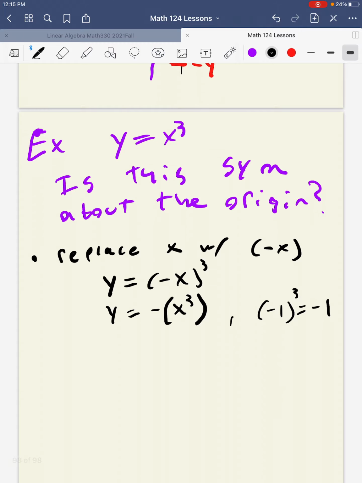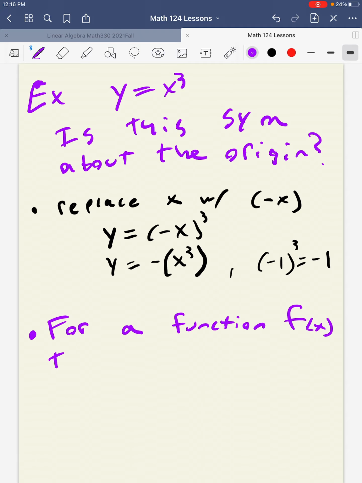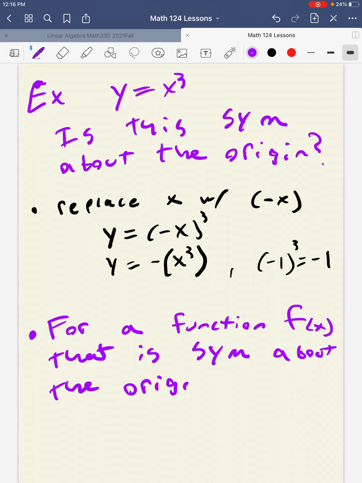So what did we figure out here? Well, that's how we figured out how we can do a test for symmetry about the origin. Let me just write this down for a function f of x that is symmetric about the origin. We have the following result.